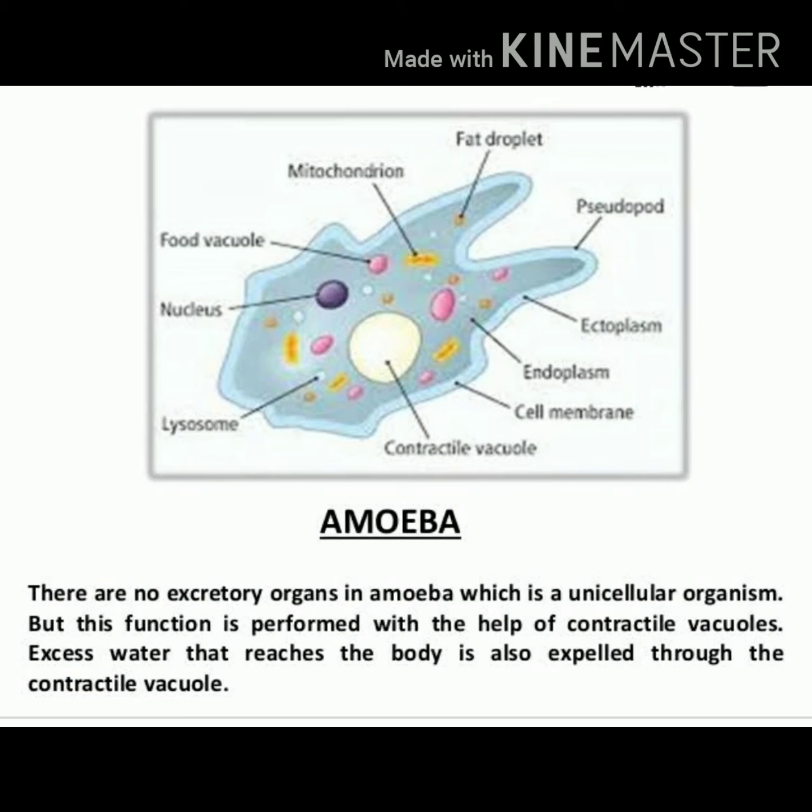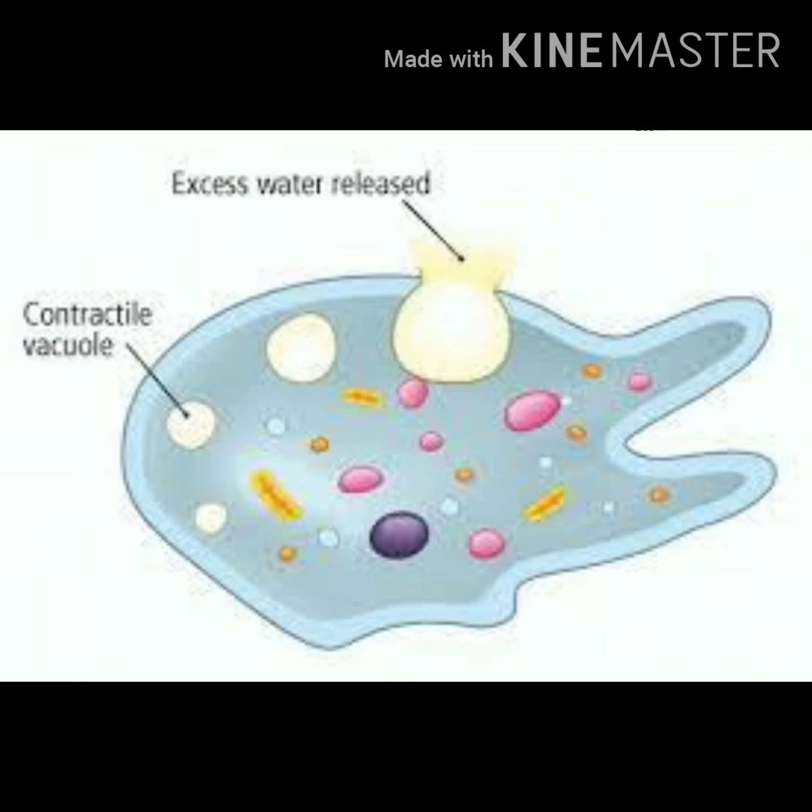How can you imagine this nitrogenous waste getting released using a contractile vacuole? Sometimes the water and other substances just get into the contractile vacuole, and through that it slowly swells, and at a certain point it bursts.